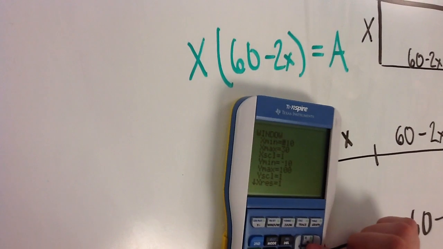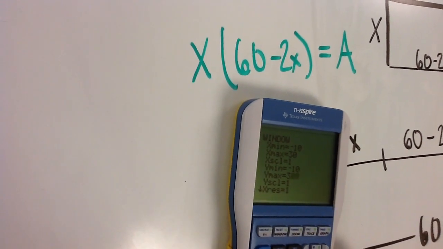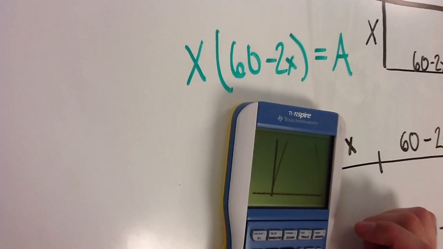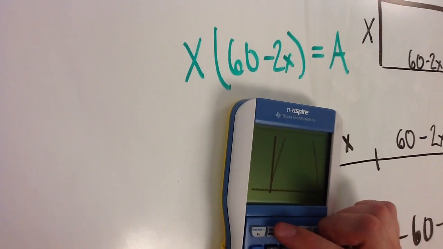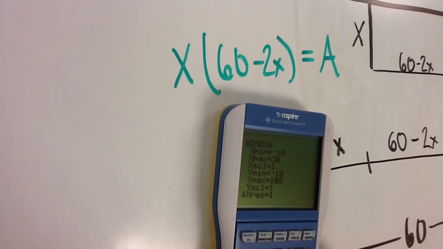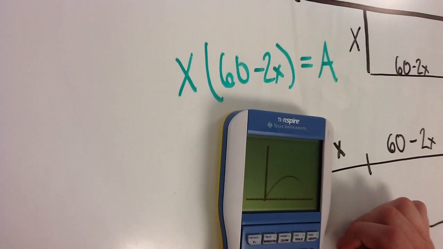So I'm going to go back down to my y max. Let's try 300. Now once I graph it, hopefully now I can see the top. Still not good enough. This thing's going to be pretty high. So let's change it to 1,000. You better be in my window. Oh yes, there you are.